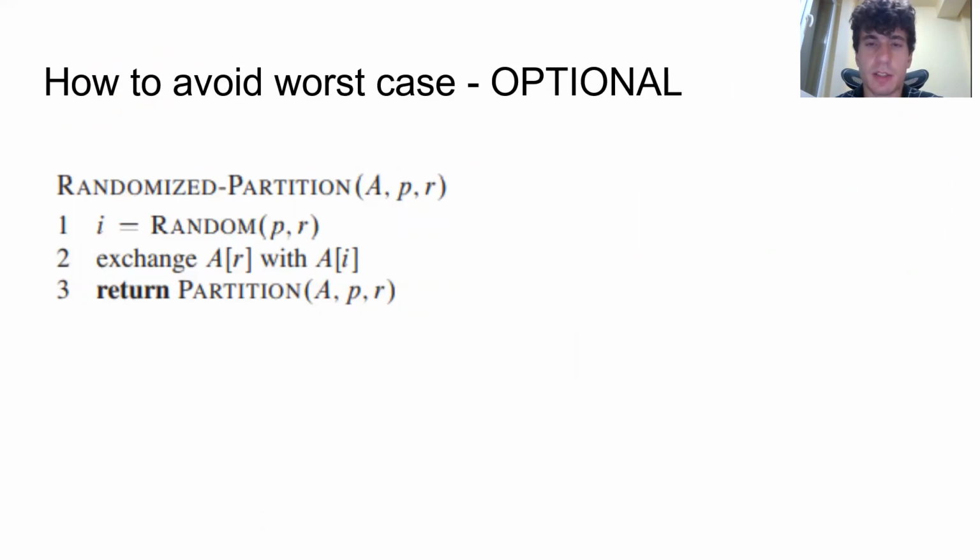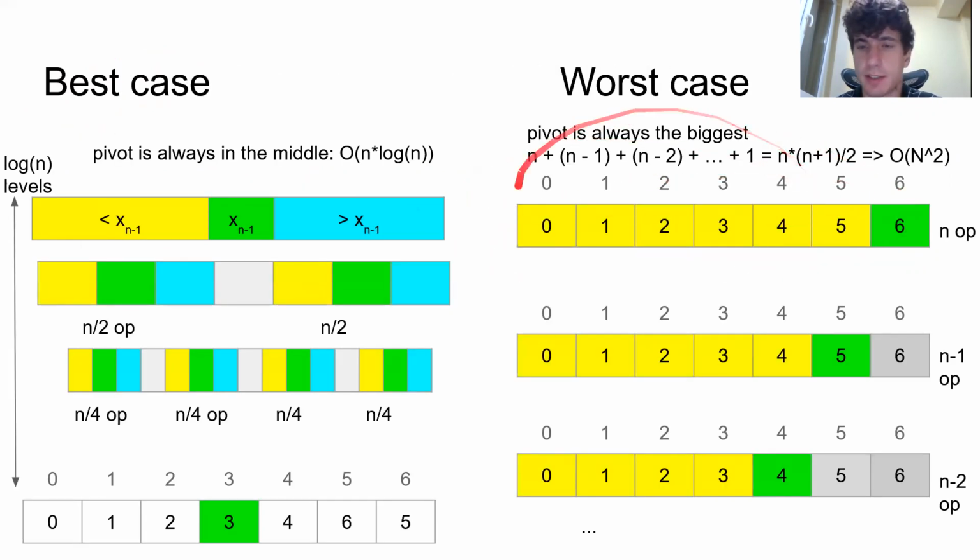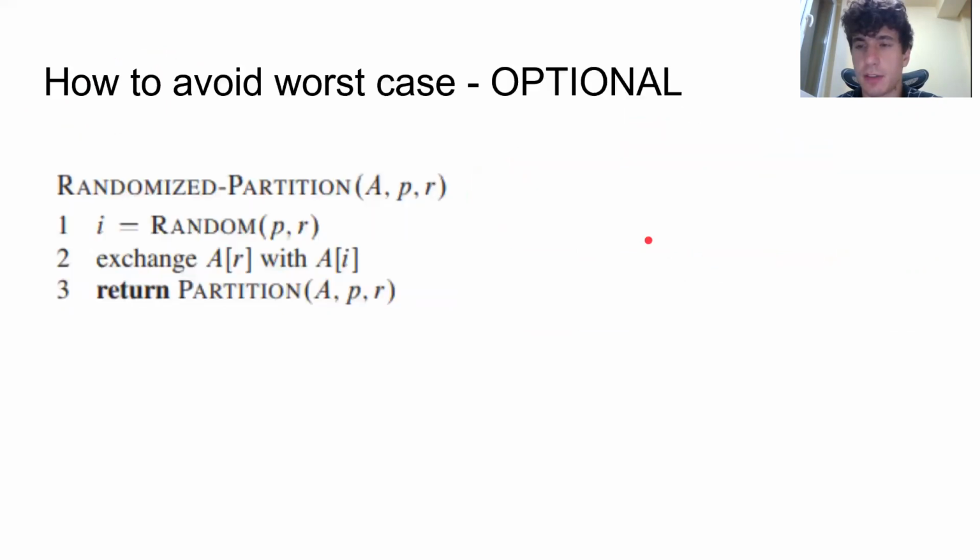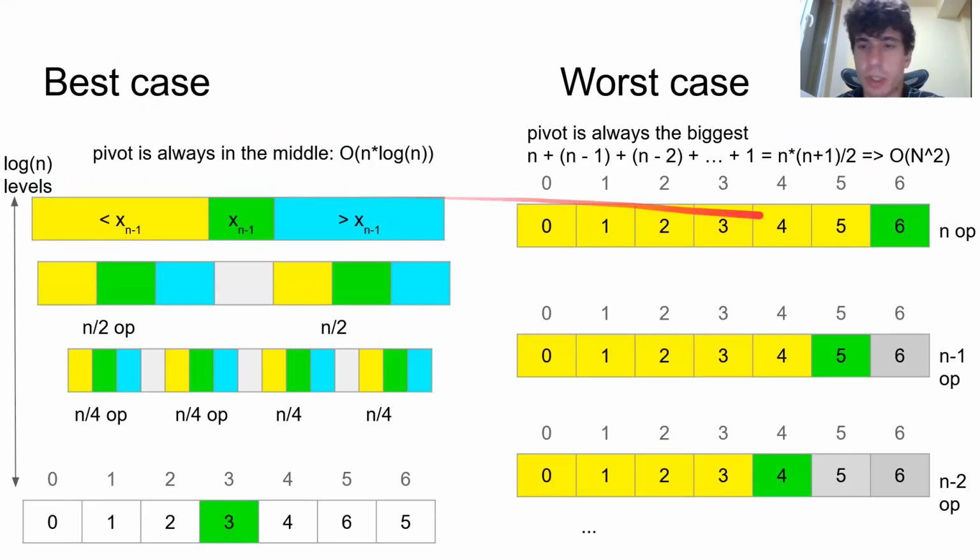Now, in case you want to avoid this case, here is a hack. Instead of using the partition function, use a randomized partition function, which basically doesn't always choose the last element as the pivot, but takes one random element and swaps the two of them. So at each point, you will have a random pivot.